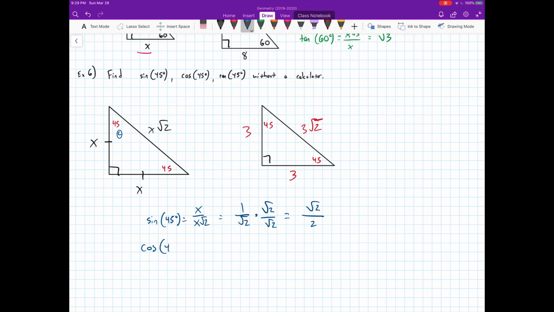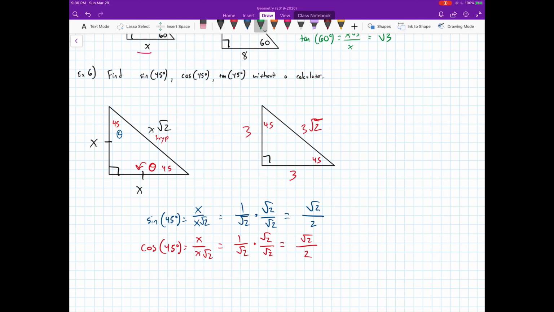Cosine should match, right? Because it didn't matter which way you went for sine. Let's use a different color. Red, sure. We'll use that one, and it's just x over x root 2 for adjacent over hypotenuse. So you get 1 over root 2 times root 2 over root 2 to simplify, and you're left with root 2 over 2.